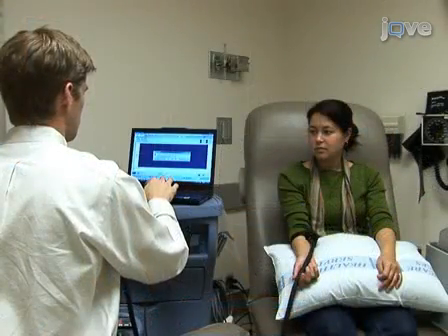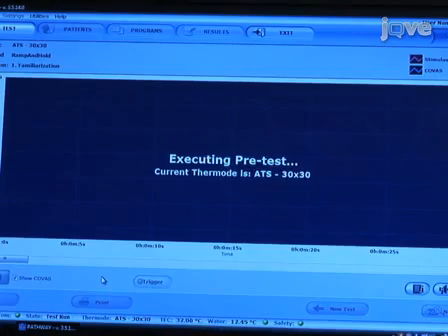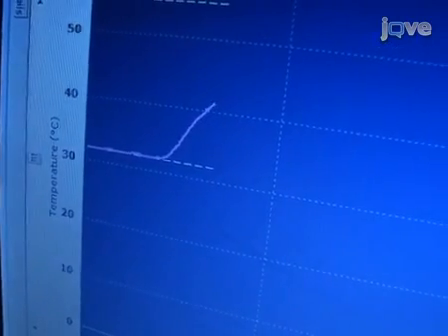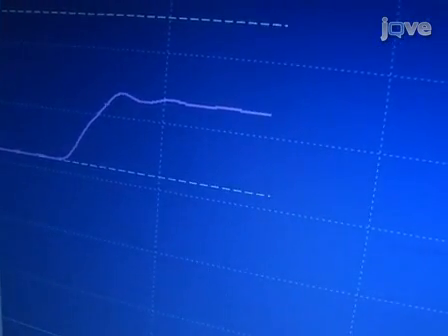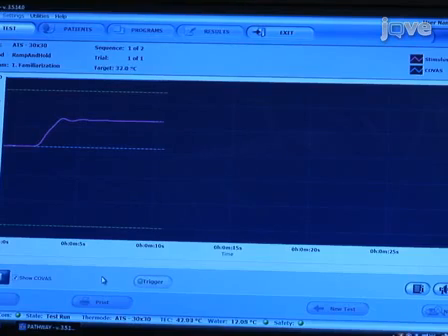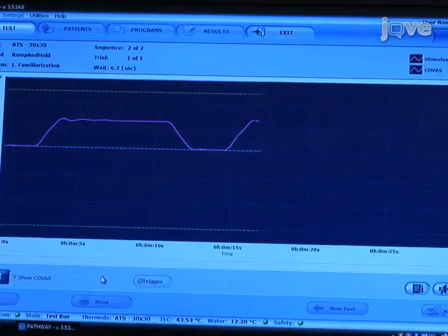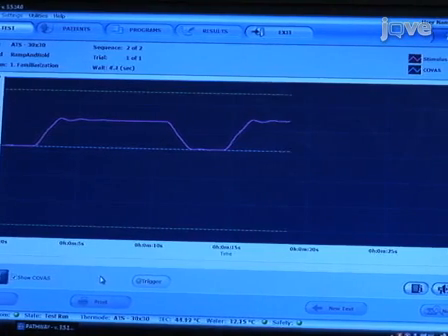The thermode increases and decreases at 8 degrees Celsius per second from 32 to 43 degrees Celsius, and then again from 32 to 44 degrees Celsius. Each target temperature, first 43 degrees Celsius and then 44 degrees Celsius, remains for 7 seconds. The interstimulus interval is set to 2 seconds.